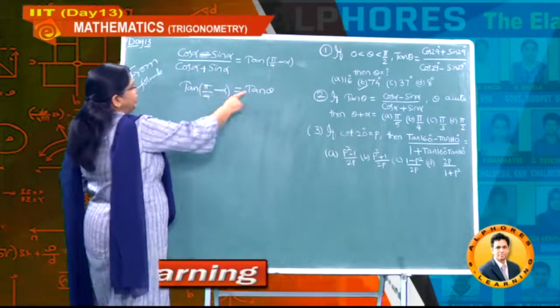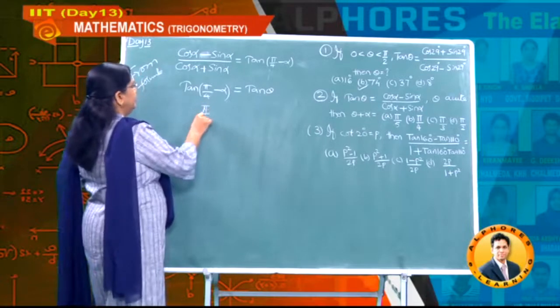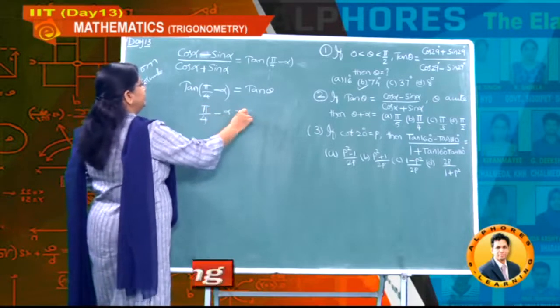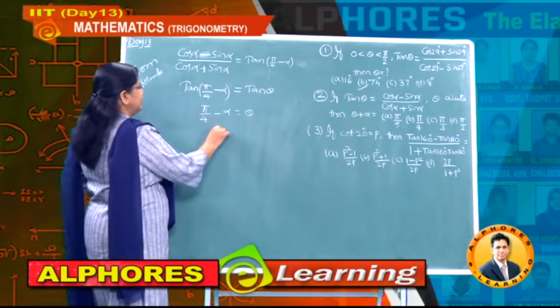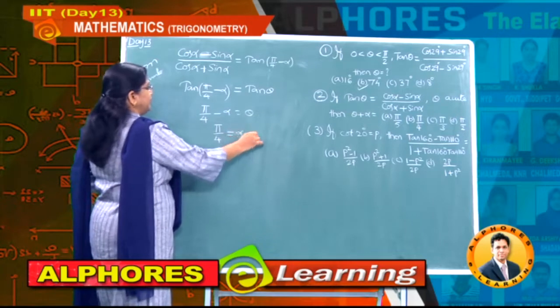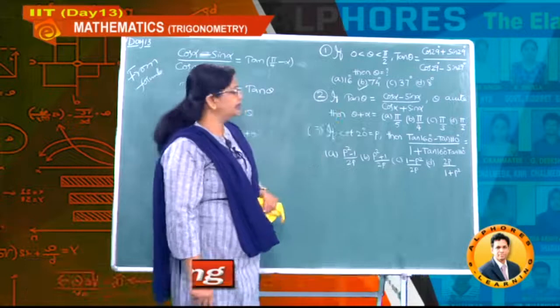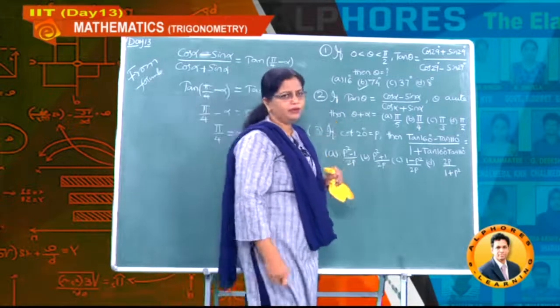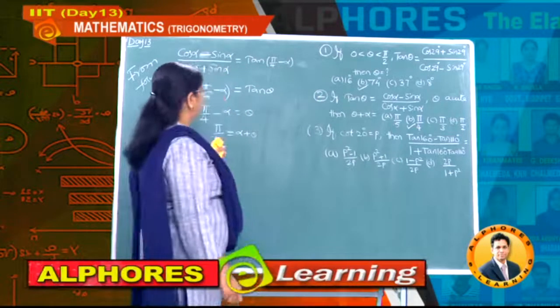Now both are tan functions, therefore if you remove them, you will get pi by 4 minus alpha equal to theta. Now send this minus alpha to the other side. So pi by 4 is alpha plus theta. Hence whenever tan theta is given like this, then what is theta plus alpha? It's clearly pi by 4. Okay. So this is the value.